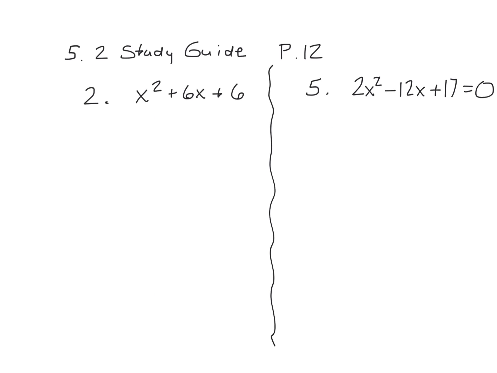Now, obviously, in some cases they may not cross the x-axis at exact values. For example, in this one, number 2 on the 5.2 study guide, my vertex would be negative 6 over 2, which would be negative 3. If I plug negative 3 in here, I'd have 9 minus 18, which is a negative 9, plus 6, which would be a negative 3.